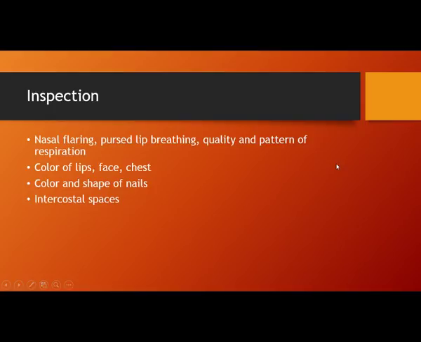So now we're turning to objective data. And we start with inspection. And typically, in the book anyway, it talks about starting posteriorly. I think that would be the case if you're seeing an ambulatory patient.